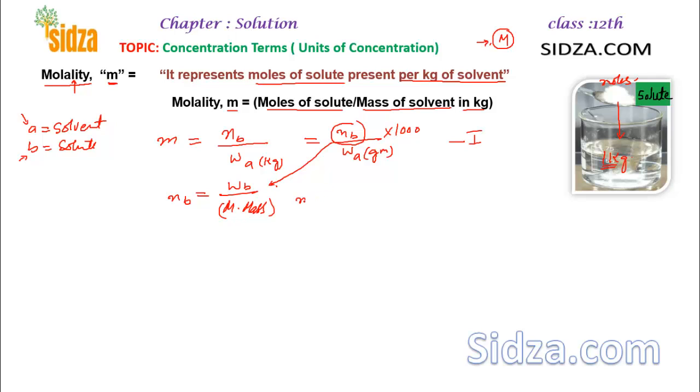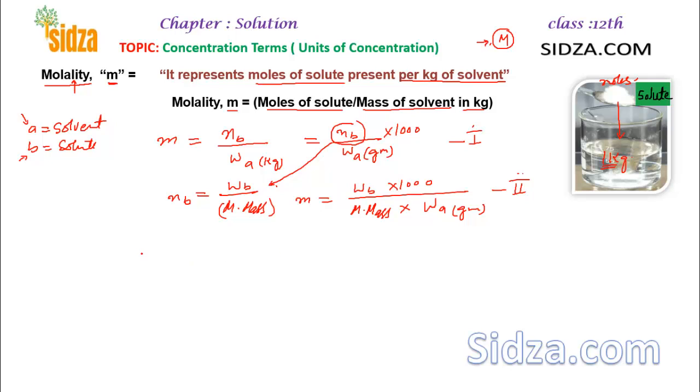Then I get one more equation: the molality equals the weight of solute times 1000 divided by the molar mass of solute times the weight of solvent in grams. This is the equation that we normally use. We can use the first equation or the second equation.